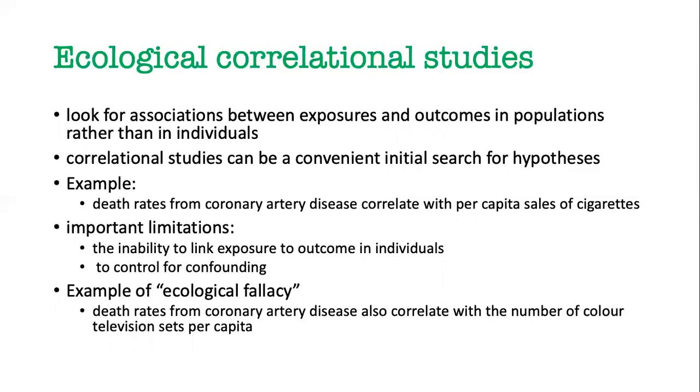So for example, you're just trying to look for correlation between certain factors to generate a hypothesis. So an example would be death rates from coronary artery disease are correlated with per capita sales of cigarettes. So you're trying to look at the hypothesis that cigarette use increase coronary artery disease.